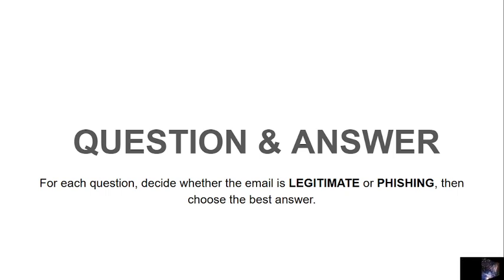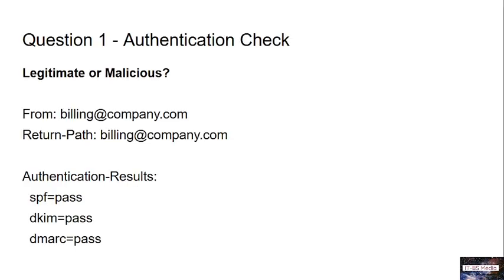Now this is question 1, authentication check, legitimate or malicious. Look at what you have there, from and return paths, and the authentication result: SPF is passed, DKIM is passed, and DMARC is passed. So will you consider this a legitimate email or a malicious email?